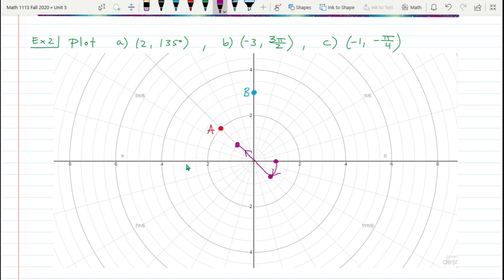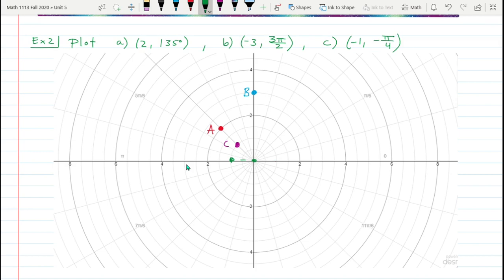Okay, and this is where point C would be. So let's do it a different way so that it makes sense. It says from the pole go to the left 1 unit, which is right here. Then open up in the negative direction pi over 4.